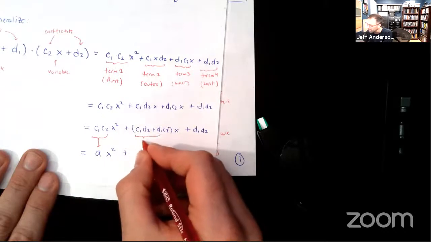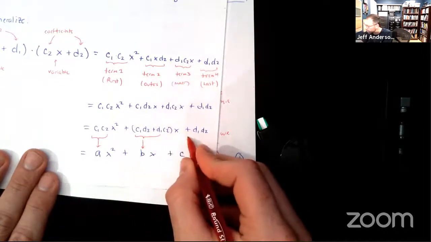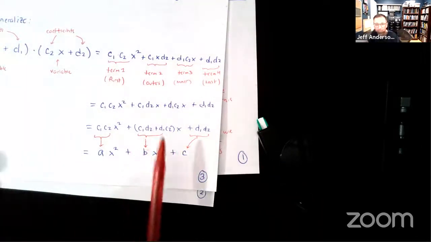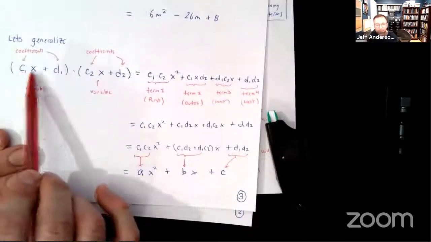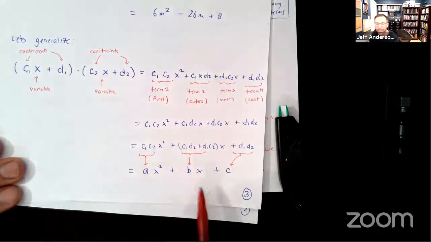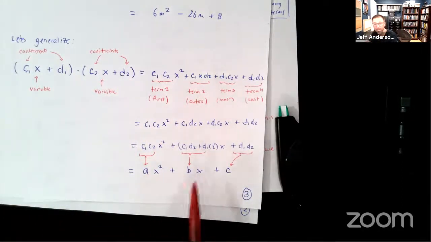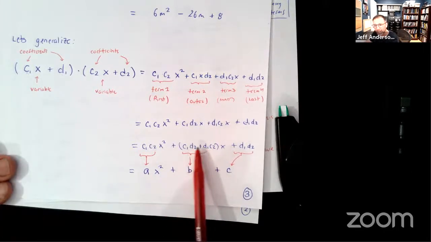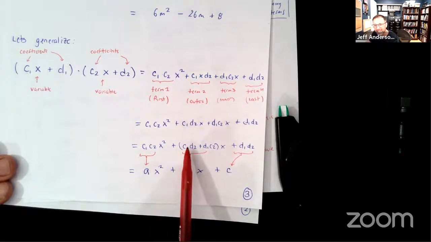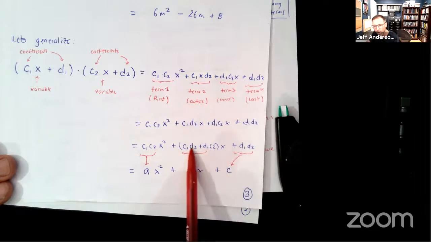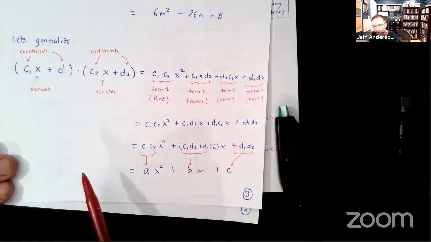So now all of a sudden, we have this really special relationship between the individual entries in both binomials, the C1 and D1 entry and the C2 and D2 entry, and the values of the a, b, c. And so the question is, where do these values come from? Well, we know that C1 D2 plus D1 C2, those two things together are going to be equal to b, right?